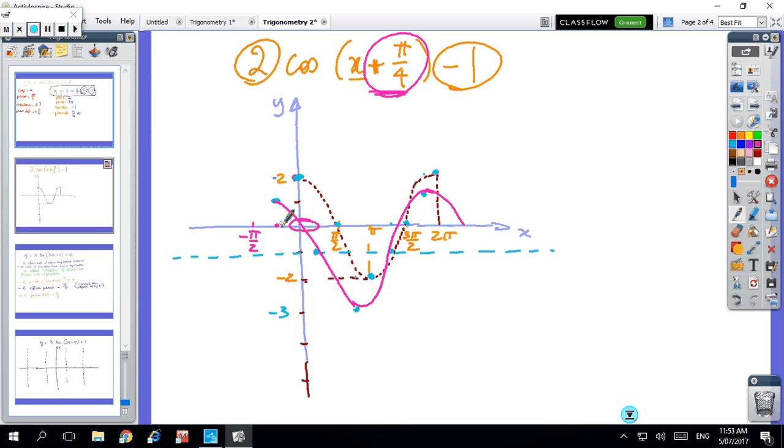Not sure what that value there is, so we don't have to worry at this stage. We'll be using trig equations later on to actually get some values. So I'd say it's not going through the origin, it'd be some other value, but we won't worry about that at that stage. Alright, let's have a look at the next one, which is a tan, I think.